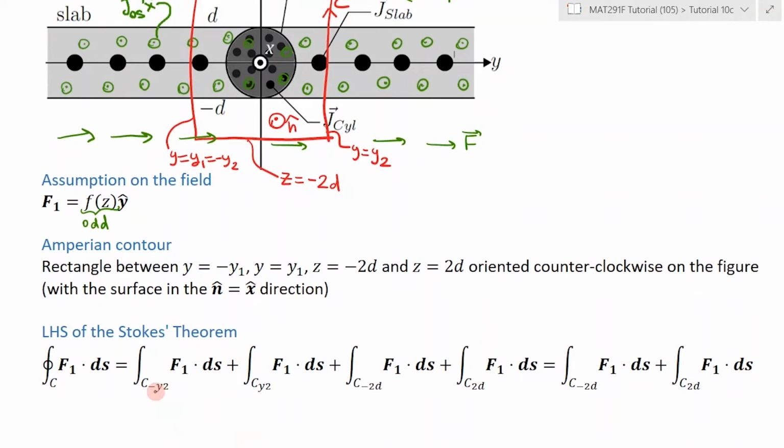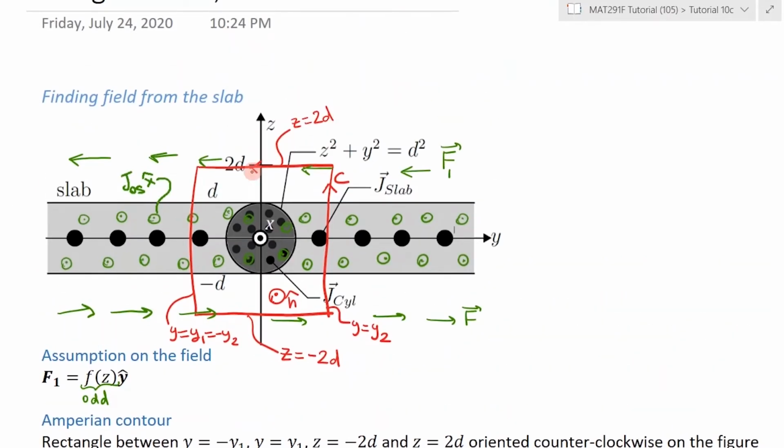This is y equals negative y2, this vertical part. Y equals y2, this part. And then z equals negative 2d, this part, and z equals 2d, this part.